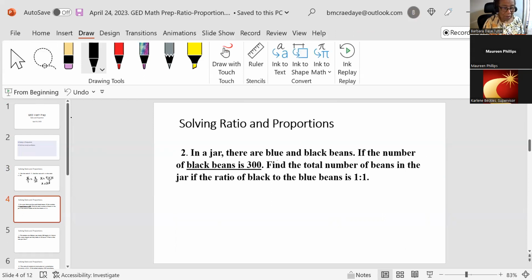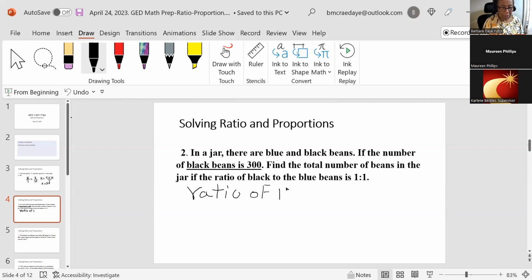The ratio. So you look at the ratio of 1 to 1. This is what this ratio is telling you.